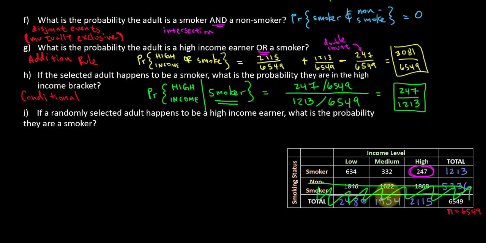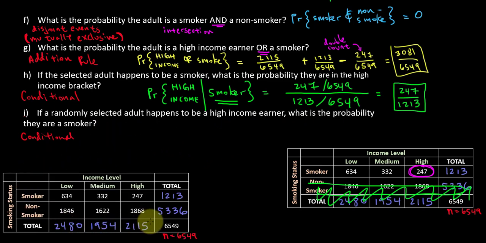Let's do that again in part I. In part I, we again have another conditional probability. But this time, notice the categories are flipped. If a random selected adult happens to be a high income earner, what is the probability they are a smoker?